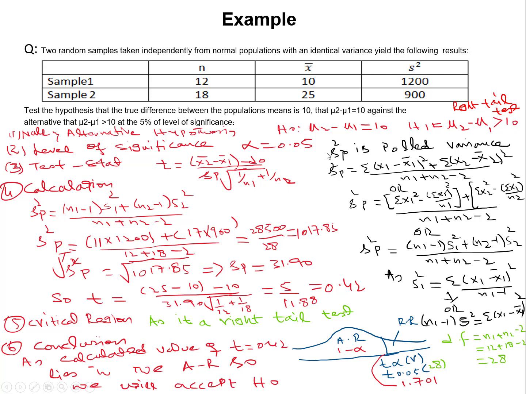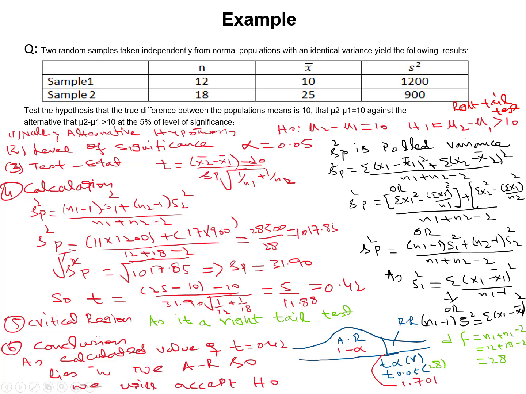Now you need to understand how we will calculate the pooled variance from the sample data. You can easily calculate it using this formulation, because we use two sets of sample data: summation of (x1 minus x1 bar) whole square plus summation of (x2 minus x2 bar) whole square, divided by n1 plus n2 minus 2. This is one formulation.